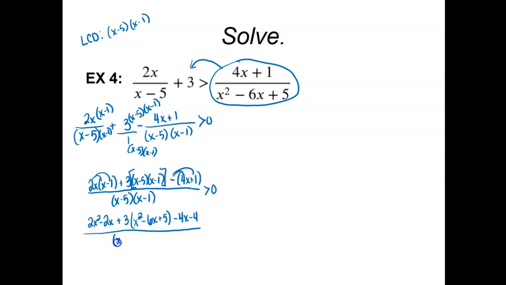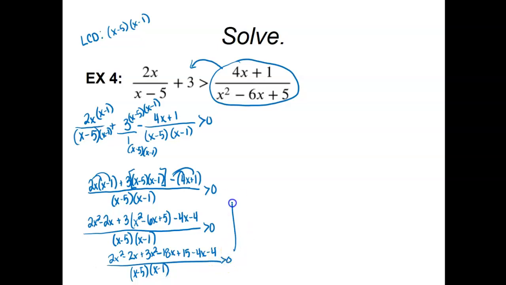We're not going to lose our denominator here, because on inequalities we cannot cancel out that denominator like we do with our equations. So now we're looking at 2x squared minus 2x plus 3x squared minus 18x plus 15 minus 4x minus 4 all over x minus 5 times x minus 1.